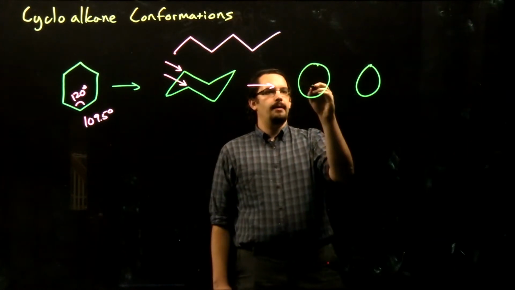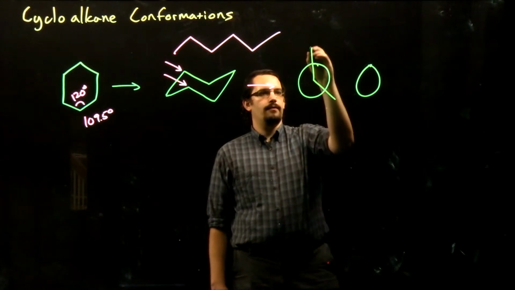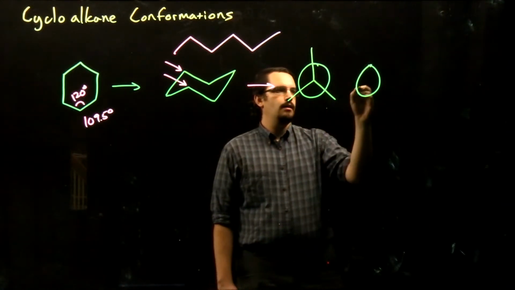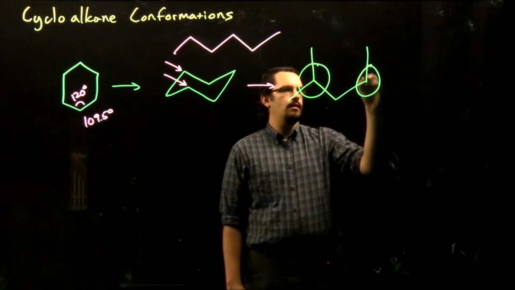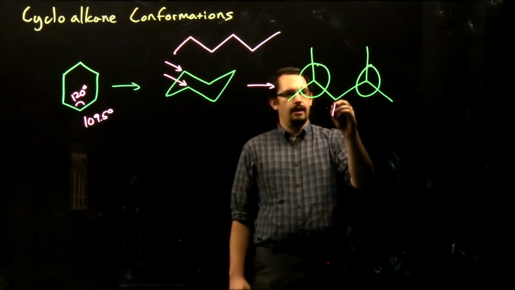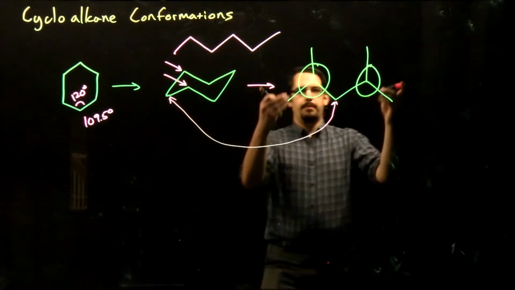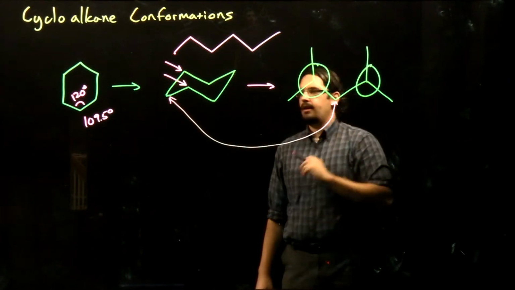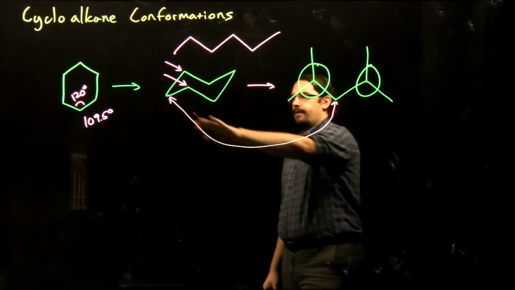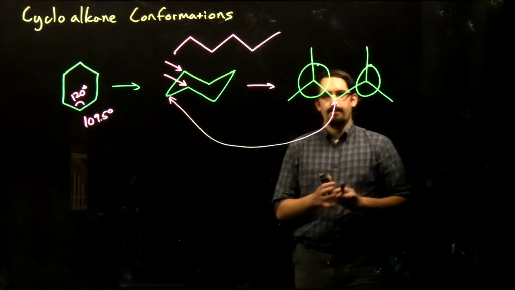For both of them, I'm going to have 3 bonds coming out in the front. Notice this point here is the same as this point over here. Both carbon-carbon bonds come out, and they meet here at the left-hand side of that cyclohexane.